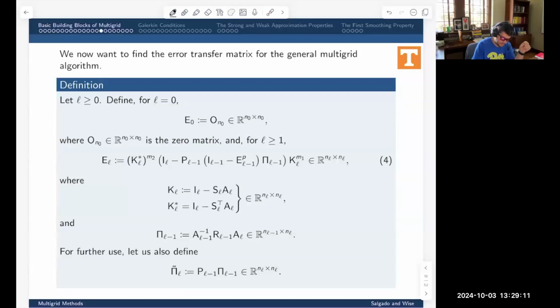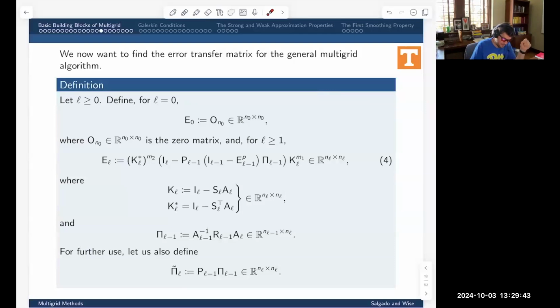So for example, if n_0 is equal to 2, then this is the 0 matrix that has 2 rows and 2 columns of zeros. And I'm not specifying what n_0 is. It might be 2, it might be 1, it might be anything. We're just going to be generic about it at this moment. But that's what I'm defining right now as the error matrix on level 0.